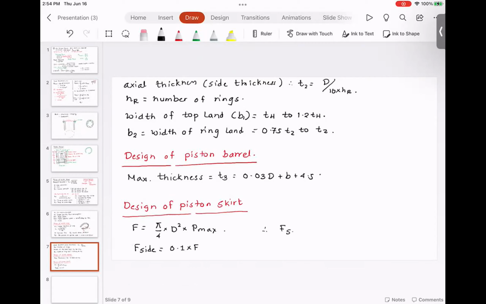And F side load is, if you think about the piston and cylinder, so this is the cylinder and there is this piston.